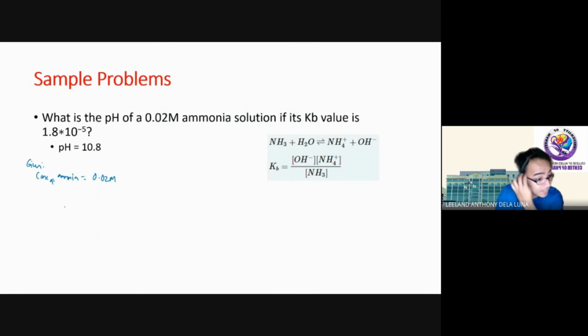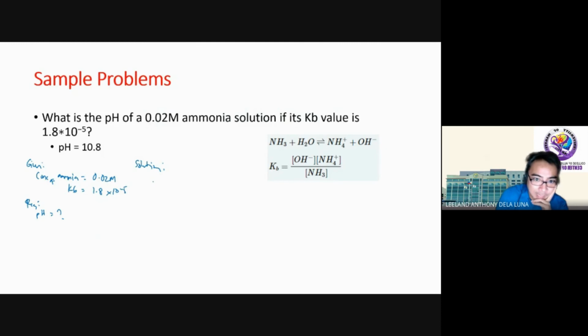Again, class, this is a weak base. Ang Kb is equivalent to 1.8 times 10 to the negative 5, or the dissociation constant of this base. Required: pH equals unknown. Technically, alam ko na, pero compute natin yon.